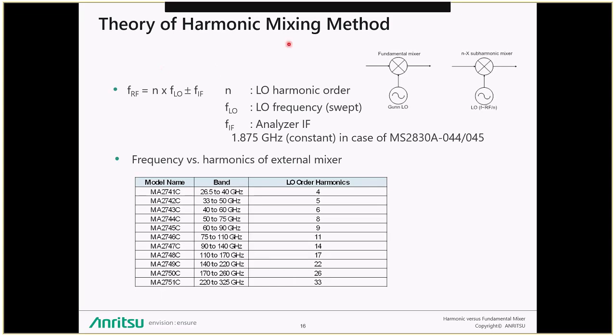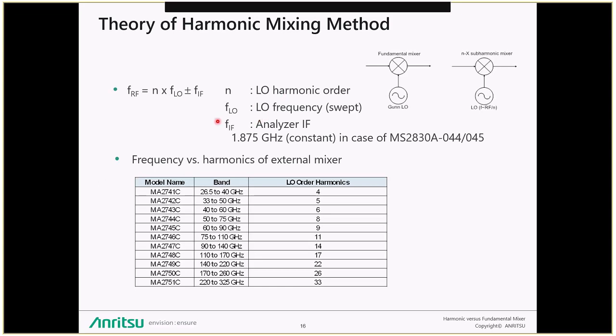In harmonic mixing technology, instead of using the fundamental frequency of the local oscillator, we will use one of the harmonics of this local oscillator. So to get the appropriate IF, we will try to reach the radio frequency signal by means of using one local oscillator and one of the harmonics.